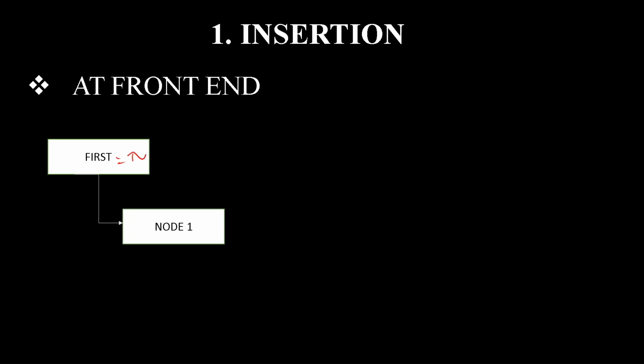Here first is equal to null, and then we have created a node. Now this node has info field and linked field. Here we are assigning an element to the info field, and in the code it was written that temp of link is equal to first.